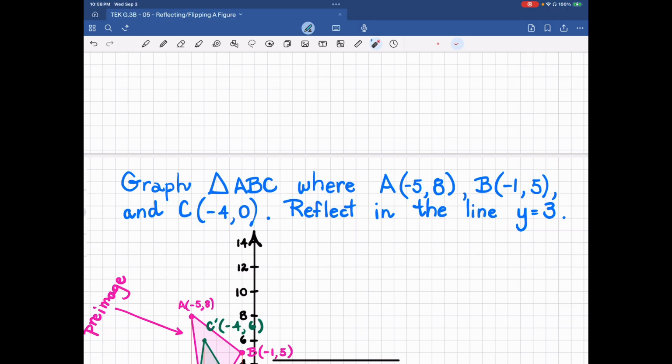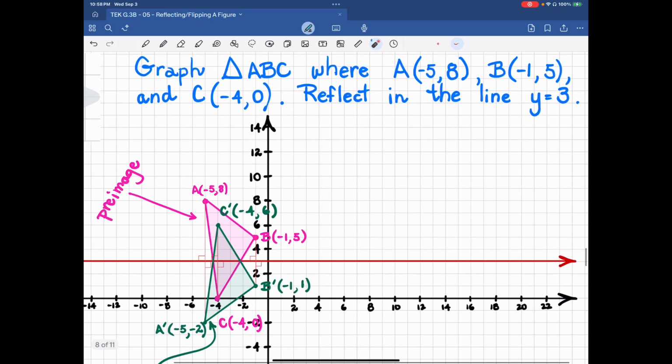So you have to know where this line is right here. That's huge. And so if you don't know where this line is, you're not going to be able to do the reflection. So you have to be able to graph that line, y equals 3. So let's graph the line. You know that it doesn't matter what the x value is, y is always going to be 3.